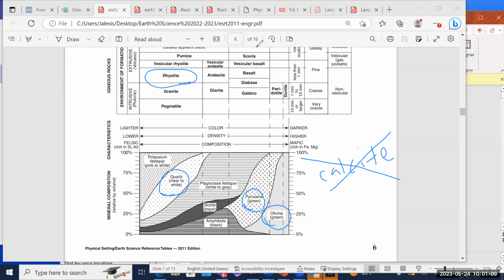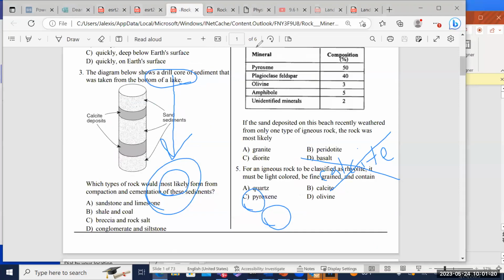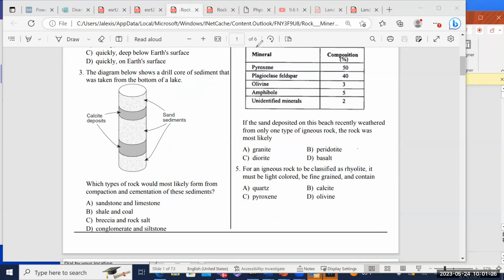When I'm looking at rhyolite and I go all the way down, the one mineral that stands out is going to be quartz. And so that means it's going to be choice A for quartz.